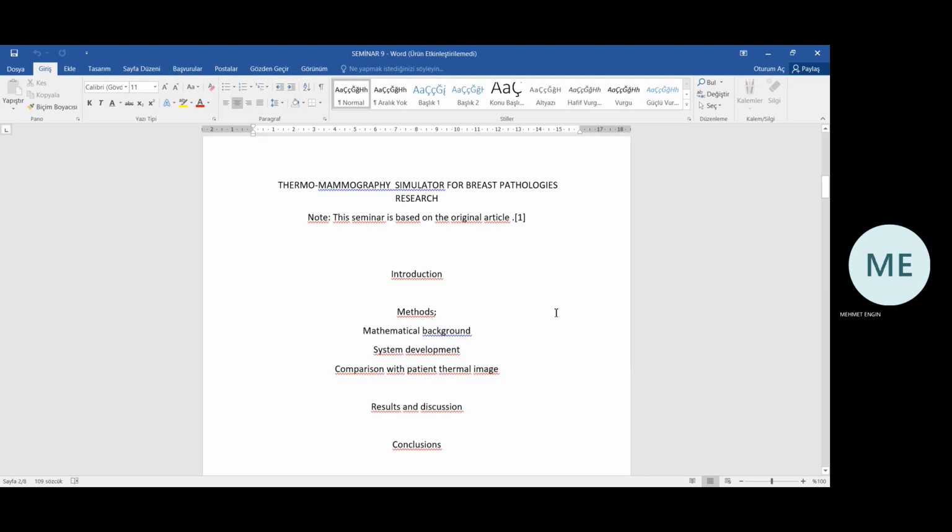Now, introduction. Breast cancer is an important concern worldwide because of its high incidence. It is a common type of cancer both in developed and developing countries. The option of treatment led health professionals to search for tools for detection of cancer in early stages.